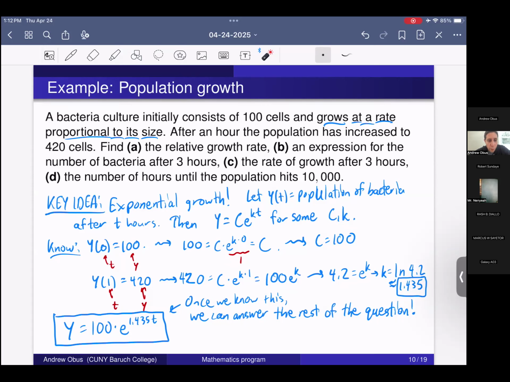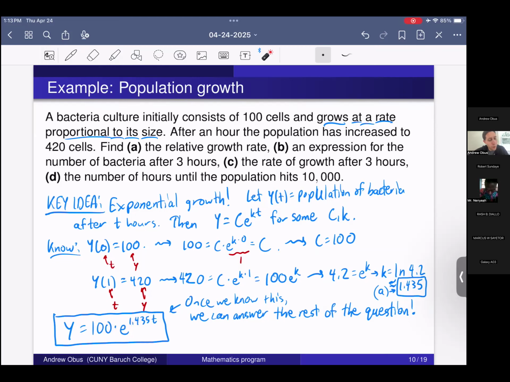So before we do parts B, C, and D, any questions about how we got here? So this is the answer to part A over here, 1.435. Any questions as to how we got this equation for how the number of bacteria grows with time?